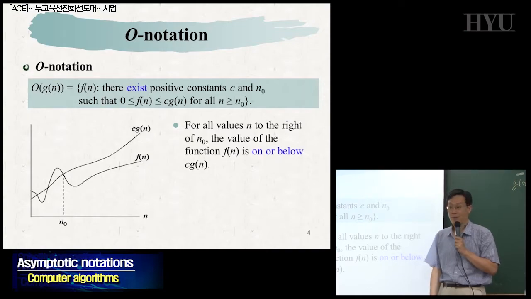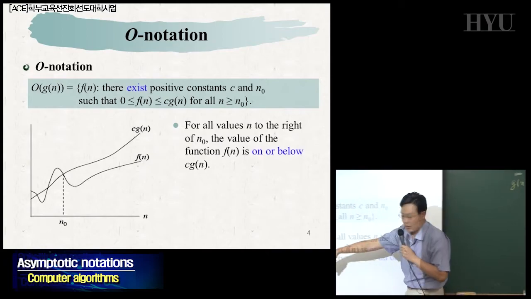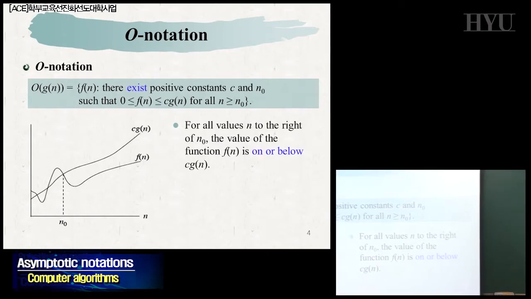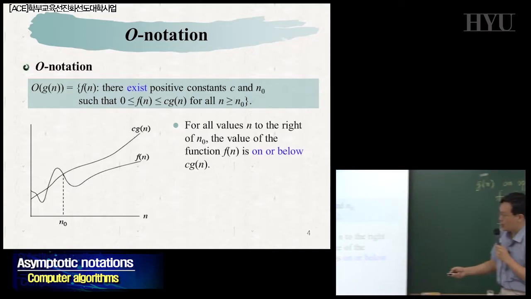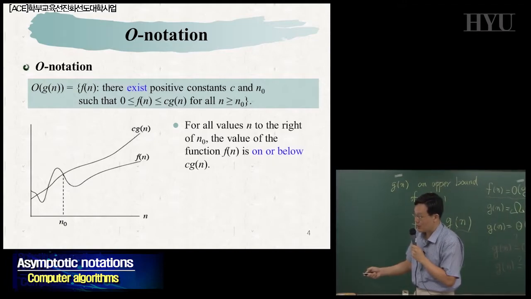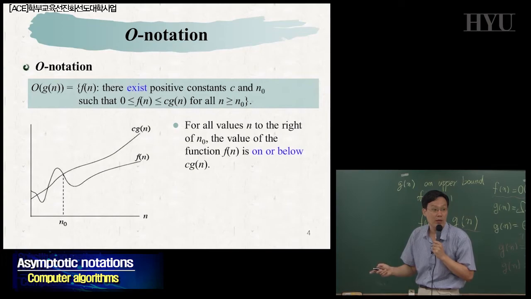Okay? Look at this graph. When n is smaller than n0, f of n can be larger than g of n.